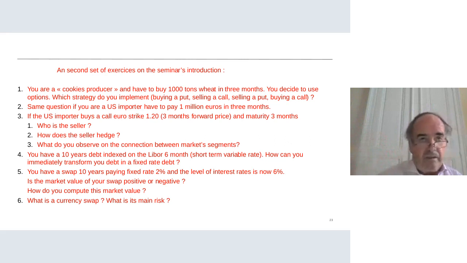Look at the spot price. The spot is, for instance, 1.50. I have a gain of 30 cents, the difference between 1.50 and 1.20. So the bank has a risk, it loses money if the euro moves up. So second question, how does the seller hedge?